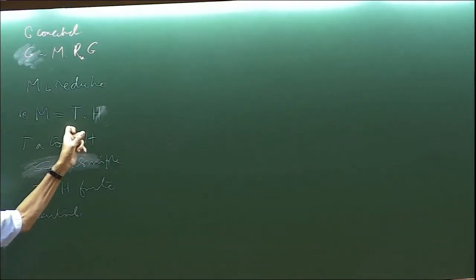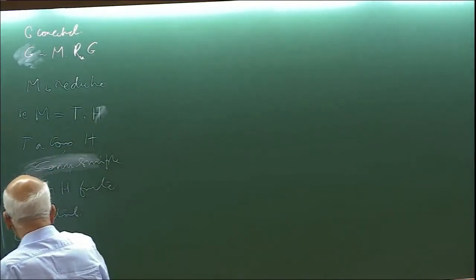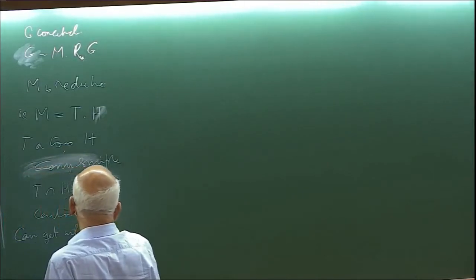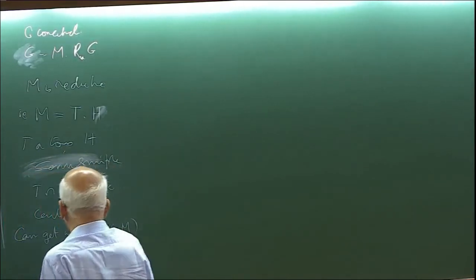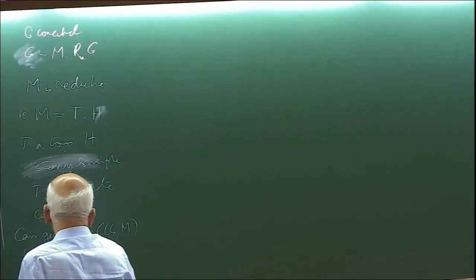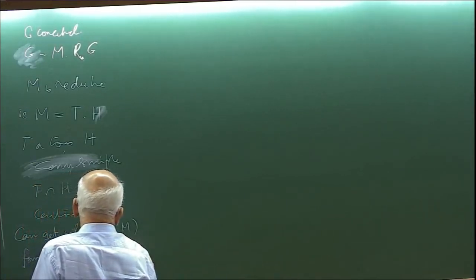That's the situation. So to determine CSM, you can more or less get all the information about CSM if you know independently what happens to CST and CSH. So you can get information on CSM from CST and CSH.